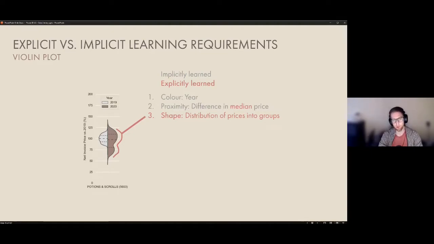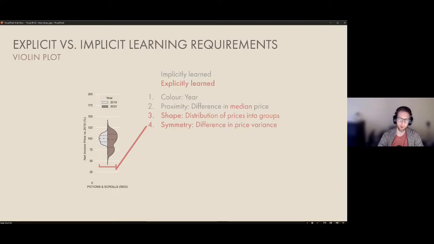We see that the shape of the data is also very different. In 2019, we see that the number of customers with a specific price have been grouping together in one big group, whereas in 2020, we see two groups forming. It's the distribution of our prices across our customers, which seems to be forming two distinct groups. But we wouldn't know that unless someone told us.